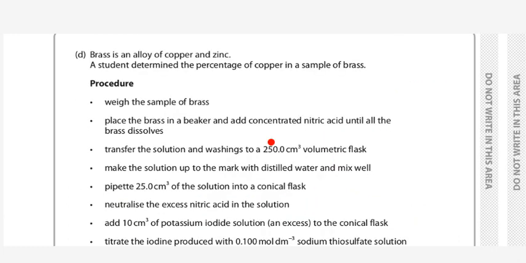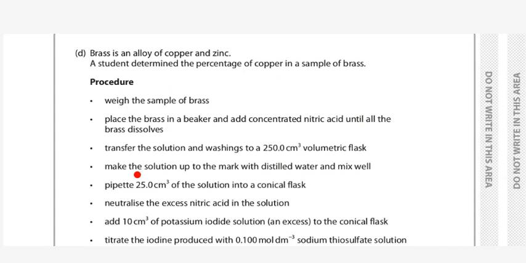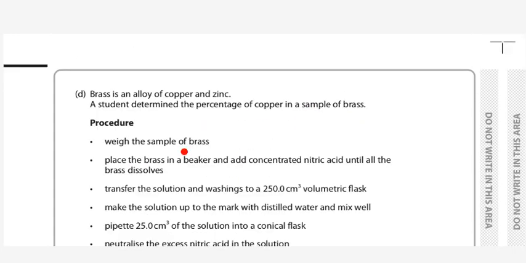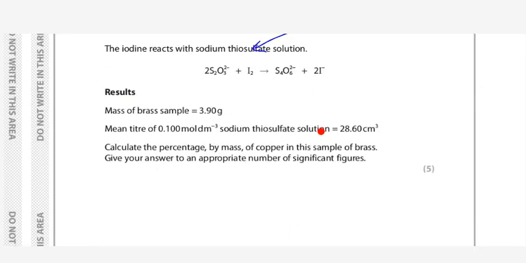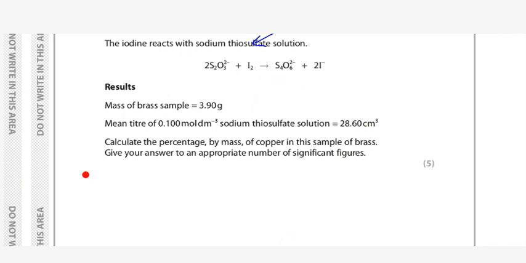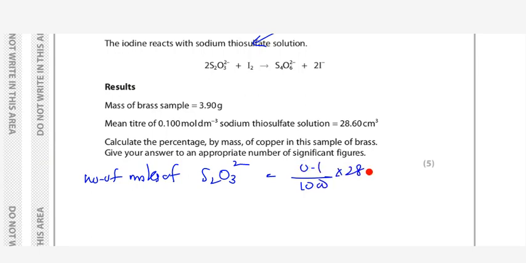And then don't forget the solution is in 25. So once you finalize the entire, because the entire brass is dissolved in 250, to find the number of moles in 250, you have to multiply by 10. So first step would be to find the number of moles of thiosulfate. So 1000 contains 0.1, 28.60 contains 2.86 × 10^-3 moles.